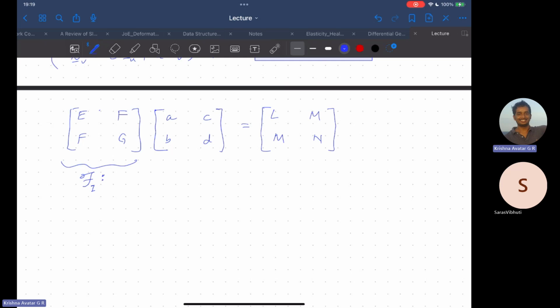Why am I using the subscript 1? Because this is the matrix of coefficients of the first fundamental form.